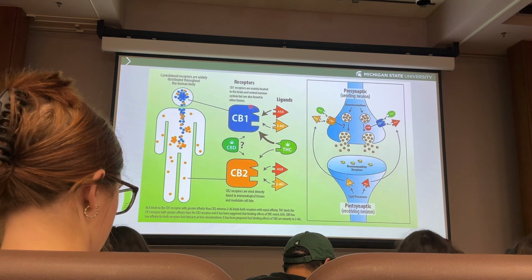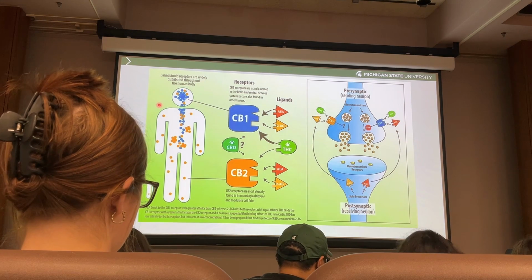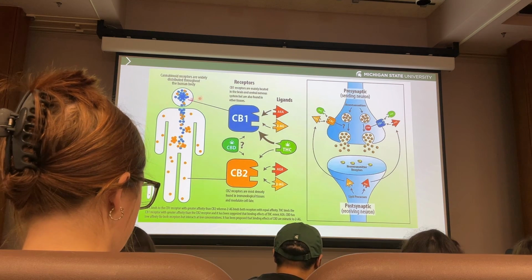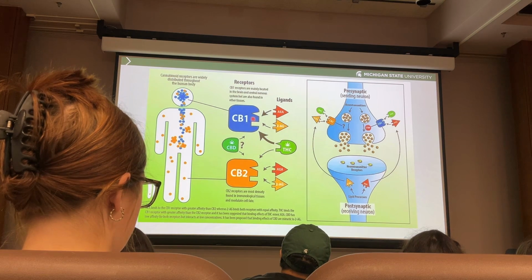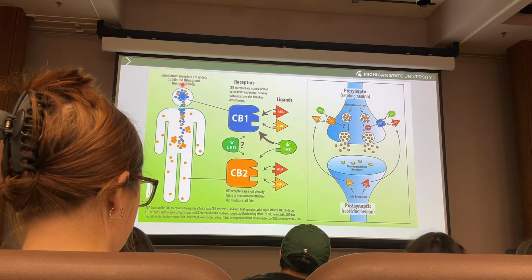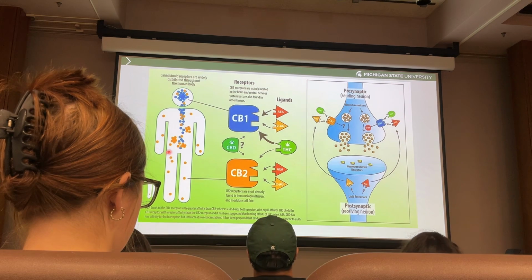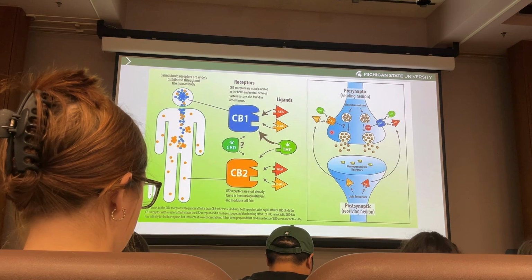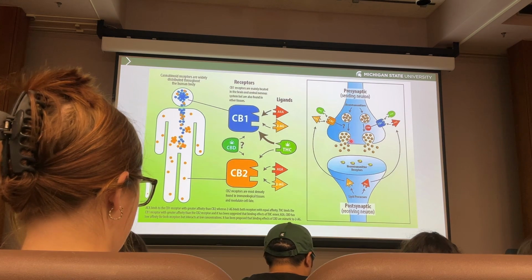So, we talked about this last time, right? When discussing cannabinoid molecules, there are essentially two sets of receptors, CB1 and CB2, that they hit, both endogenous and exogenous. Cannabinoid molecules signal through these two receptors, both GPCRs. CB1 is primarily located centrally, CB2 primarily peripherally, and these are retrograde transmissions.